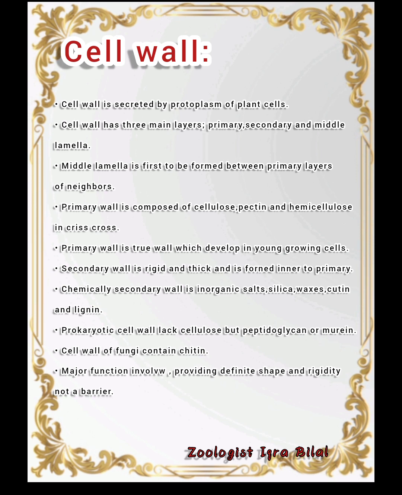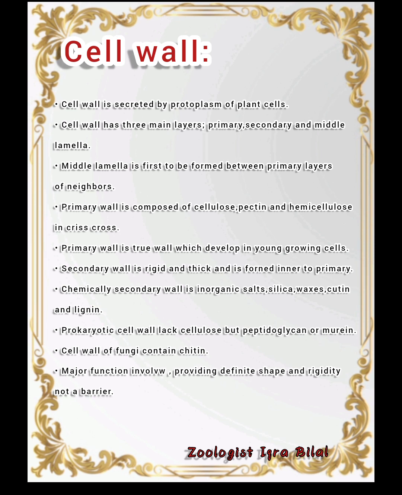Primary wall is the true wall which develops in young growing cells, or you can say the first wall which develops in a growing plant is the primary wall. Secondary wall is rigid and thick and is formed inner to the primary wall. Chemically, secondary wall contains inorganic salts, silica, waxes, cutin, and lignin.